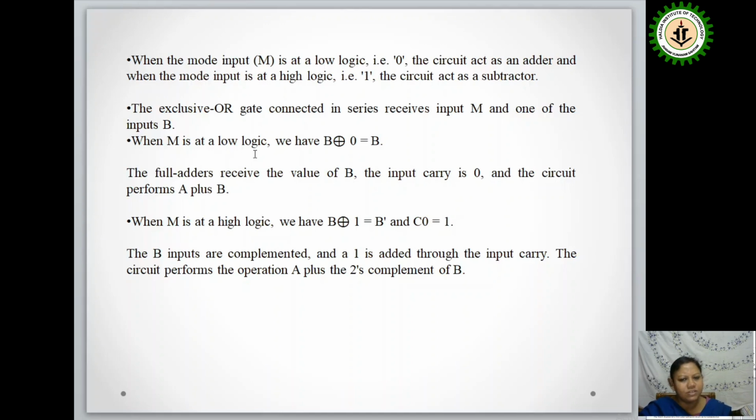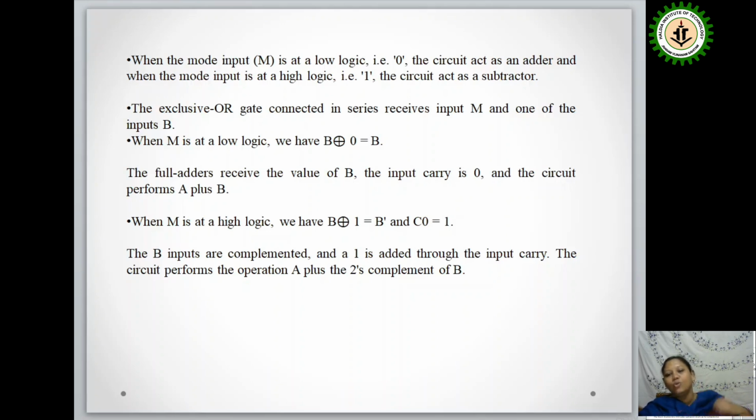If M is 0, then B XOR 0 returns B, so the normal B value passes and is added. And if M is 1, then B XOR 1 means B complement.